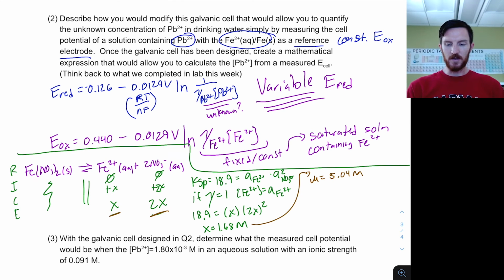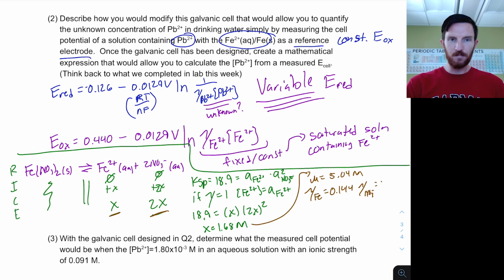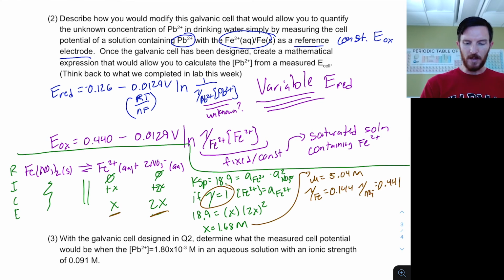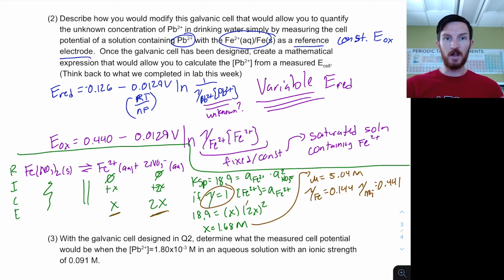So we have these different concentrations giving us this ionic strength. Well, that's going to give us an activity coefficient of our iron, 0.144, and an activity coefficient of the nitrate ion of 0.441. So now we have a better value for our activity coefficient than 1.